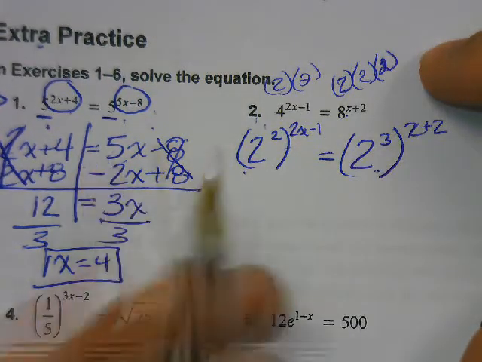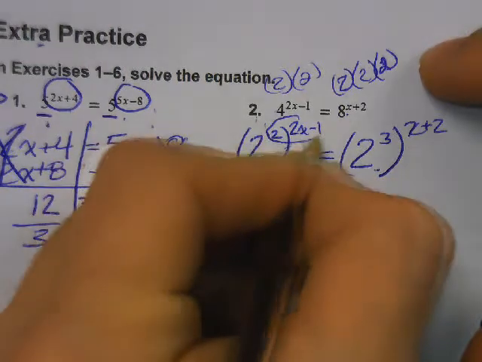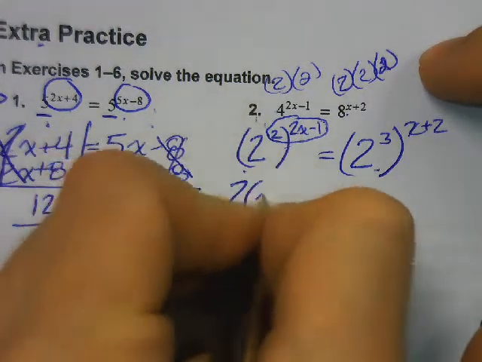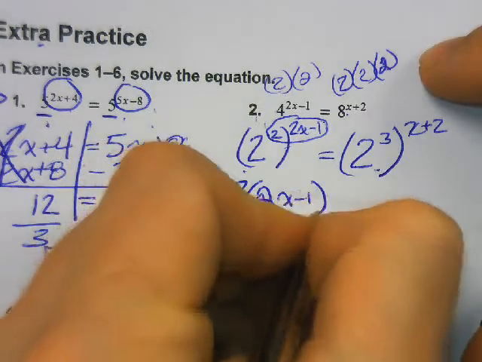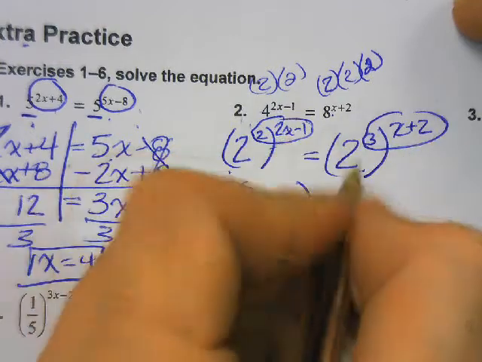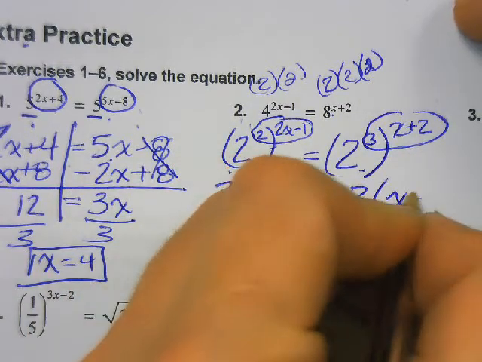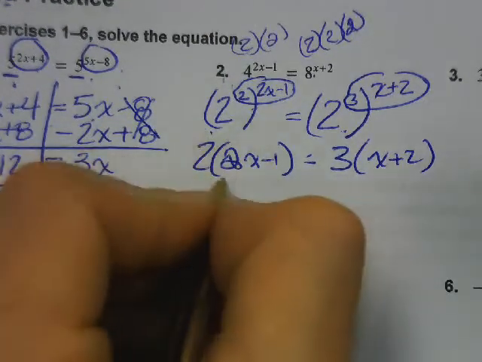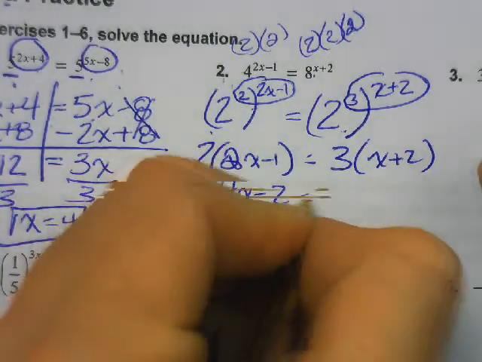I have 2 times the quantity 2x minus 1 equals, then over here my exponents are 3 times the quantity x plus 2. So now we'll distribute and solve. This will be 4x minus 2 is 3x plus 6.